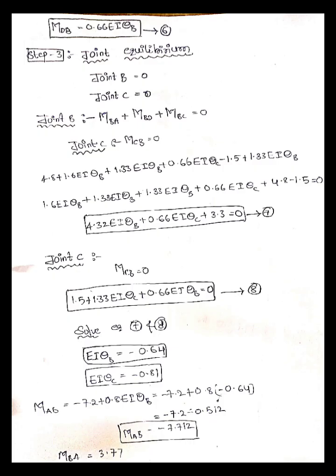In the next step, we need to apply the joint equilibrium equations. At joint B, we have the joint equilibrium equation MBA plus MBD plus MBC equal to 0. And at joint C, as the moment is 0, MCB is equal to 0.